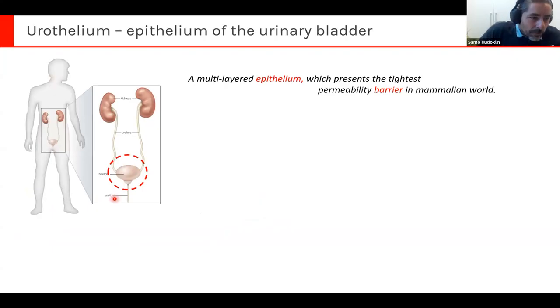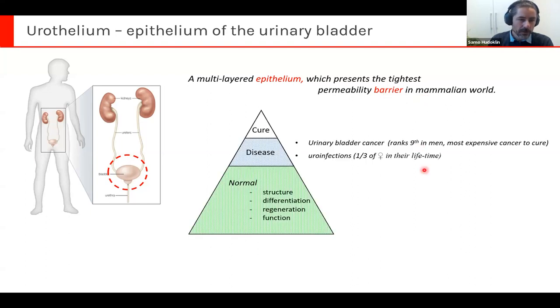The urothelium is a multi-layered epithelium, and it's the tightest epithelium in our bodies, and even in the whole mammalian world. Why are we studying this? Because there is quite a need.